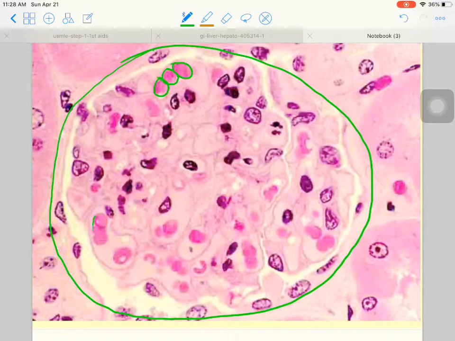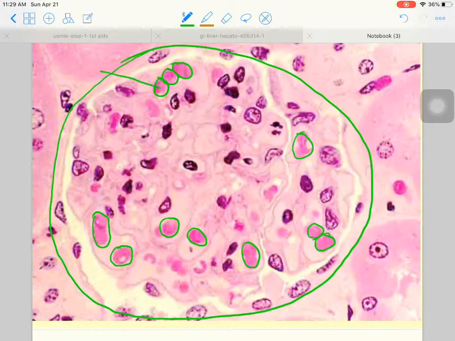It is very easy to find the red blood cells because they don't have a nucleus. So these are all the red blood cells, RBCs.